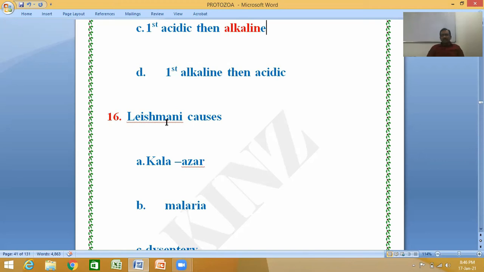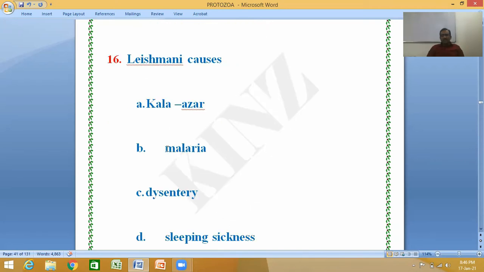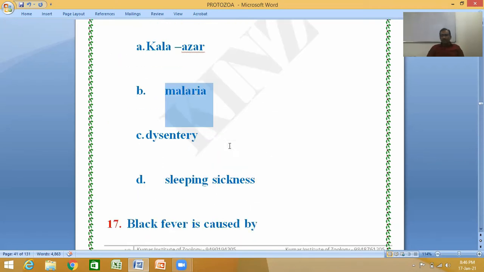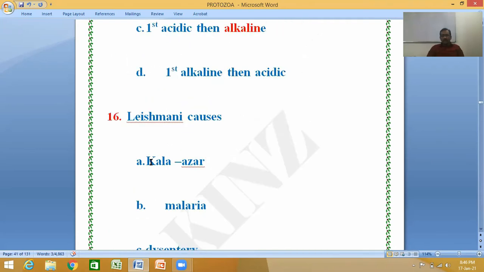Leishmania donovani commonly causes leishmaniasis. Malaria is from Plasmodium, dysentery from the amoeba, amoebic dysentery, and sleeping sickness from Trypanosoma gambiense. That is why option A, Kala Azar, is the disease from Leishmania.